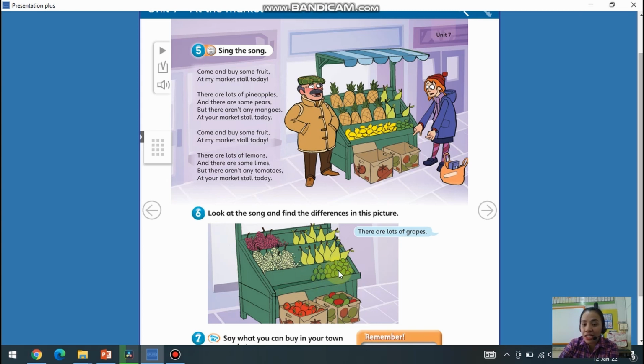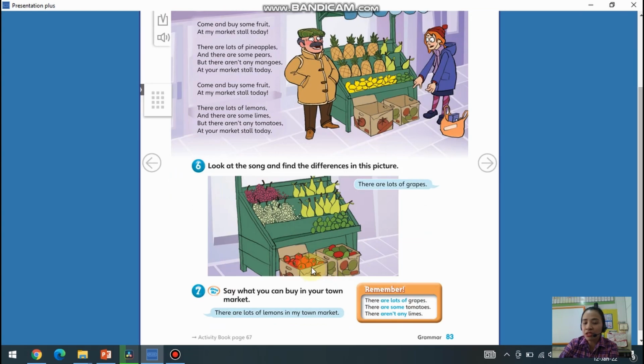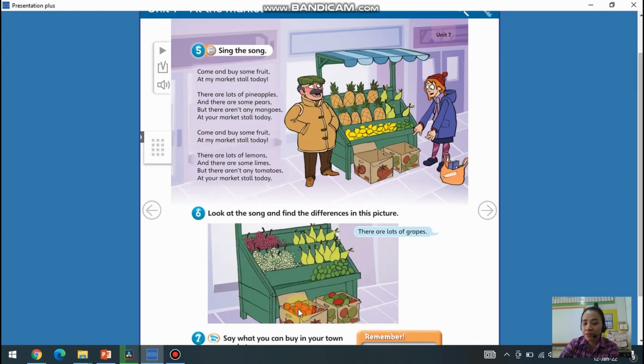Lots of limes. There are lots of limes. Next, how about the tomatoes? In the song, there aren't any tomatoes, but here we have lots of tomatoes. And then also the mangoes. Look at the mangoes. There aren't any mangoes, but here there are lots of mangoes.